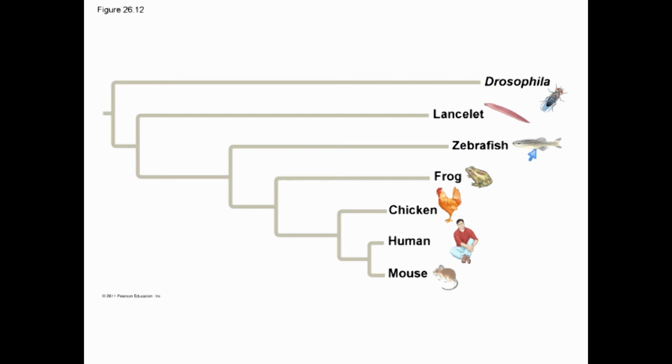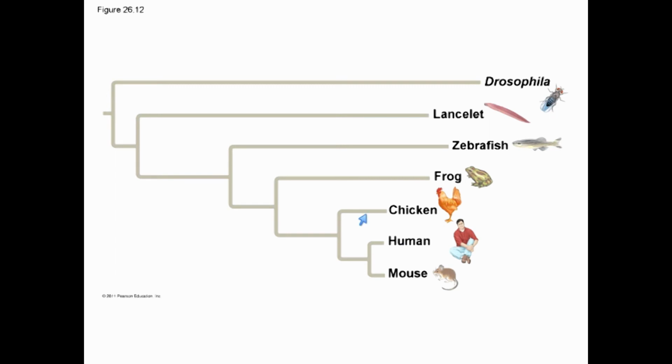There's our lancelet again, a zebrafish instead of the bass, a frog, a chicken, a human, and a mouse. Okay, by looking at the lengths of these lines, the human and the mouse share a lot of similarities in terms of their DNA sequence.